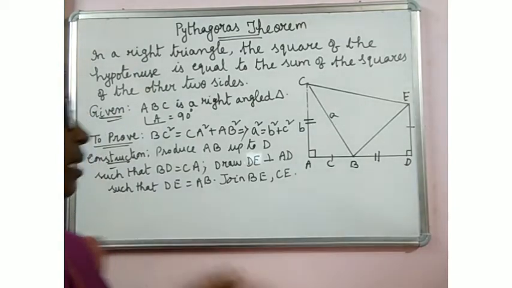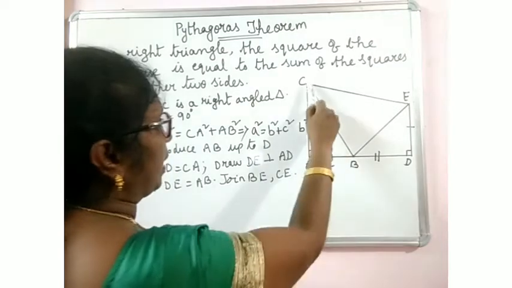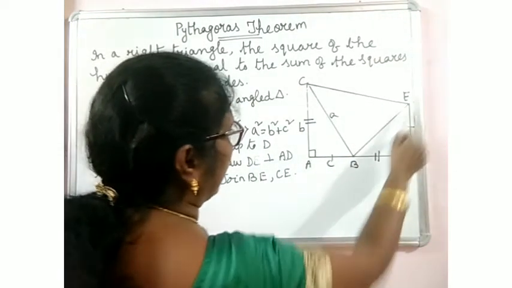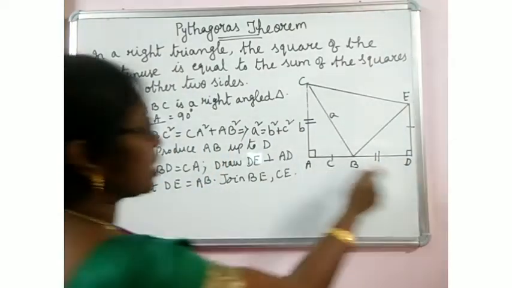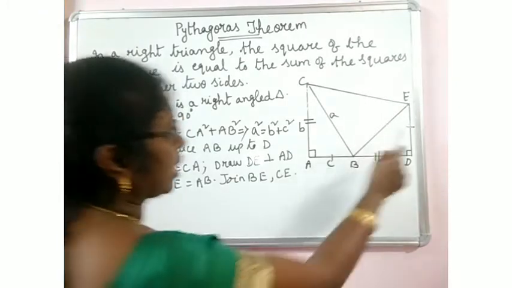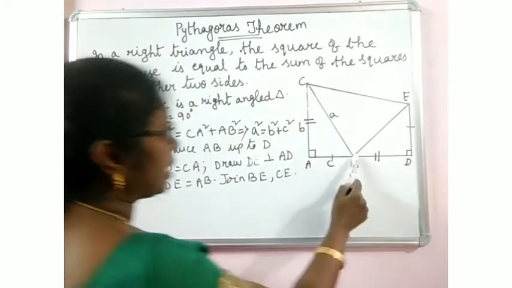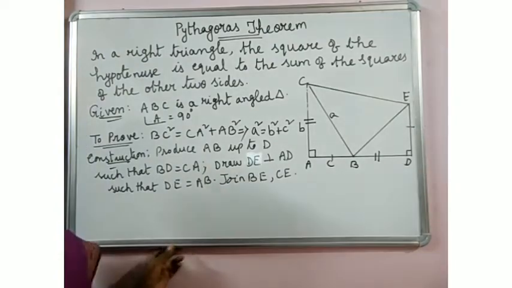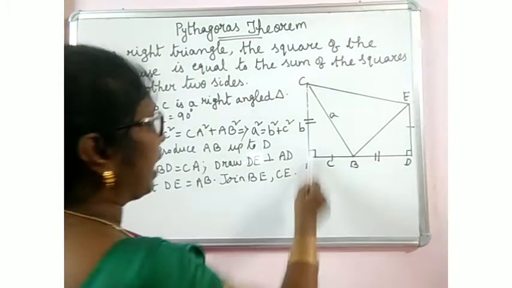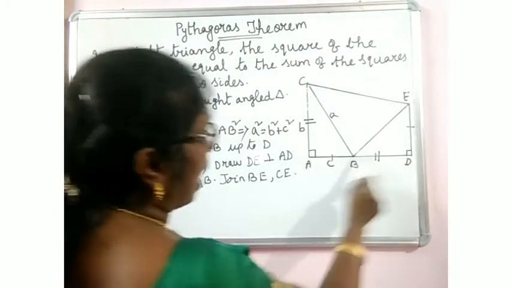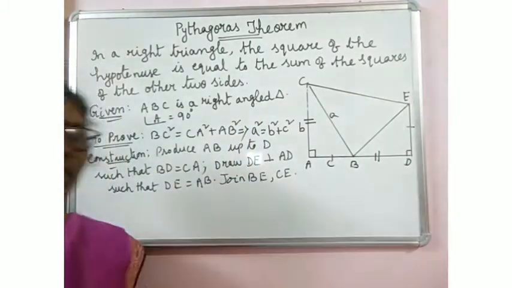Now let us see triangle ABC and triangle DEB. In these two triangles, AB is equal to DE, CA is equal to BD, already we have constructed, and angle BAC is 90 degrees, angle BDE is 90 degrees, we have constructed.